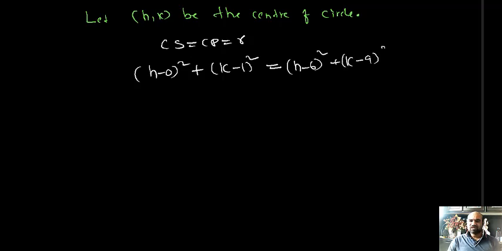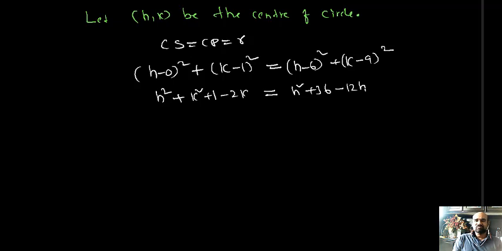Okay, so the simple form of this: h square plus k square plus 1 minus 2k equal to h square plus 36 minus 12h plus k square plus 81 minus 18k.